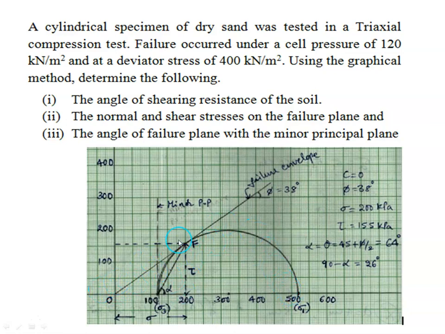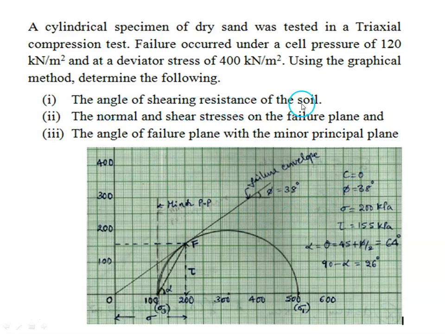Because it is dry sand, C equal to 0, so the failure envelope will start from the origin. From this point, tangent to this semicircle, we can draw the failure envelope. The angle made by the failure envelope with horizontal will give you the angle of shearing resistance, which is 38 degrees. Now, the angle of shearing resistance is obtained.